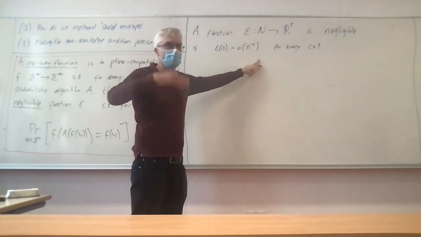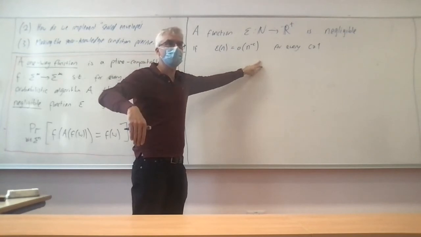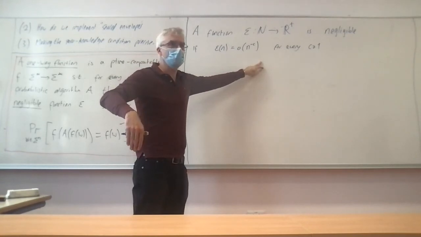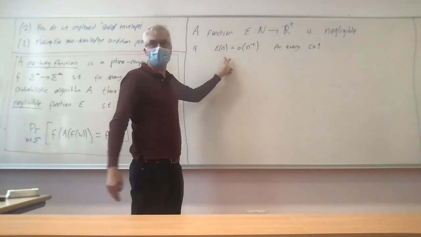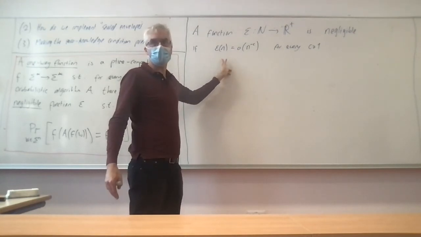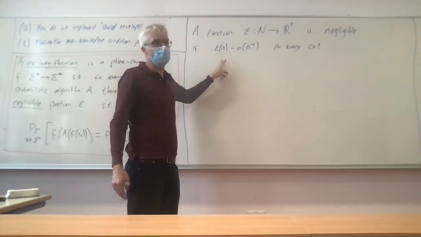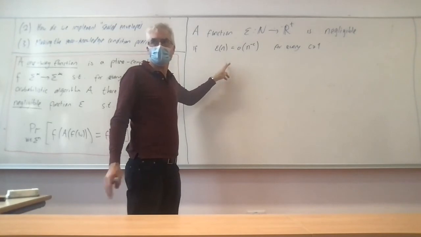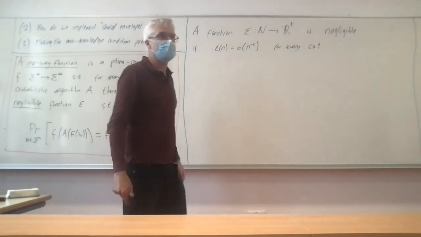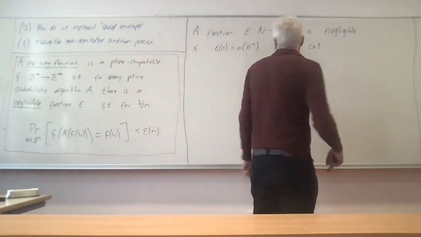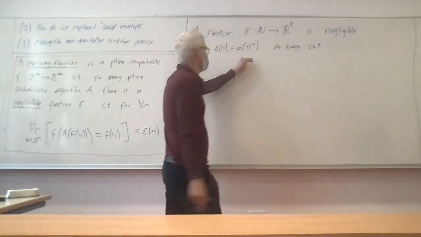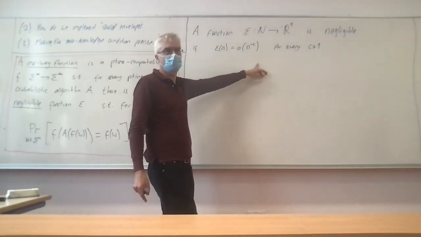All these functions shrink very quickly as n gets larger, and epsilon needs to shrink more quickly than all of them. So epsilon could be 1 over 2 to the n, that would be negligible, or it could be 1 over n to the log n, a slightly less rapidly shrinking negligible function, but it needs to be smaller than 1 over any polynomial in n, essentially.